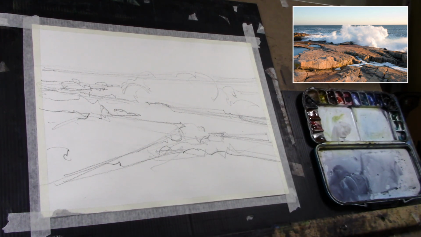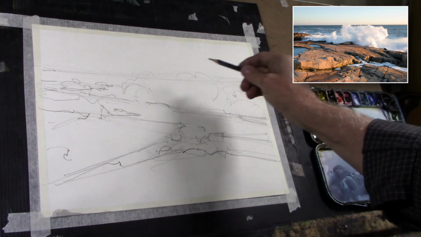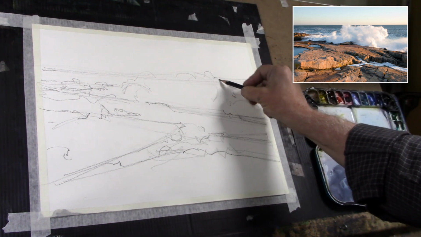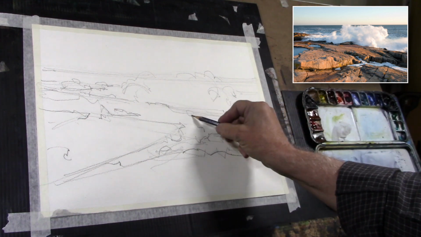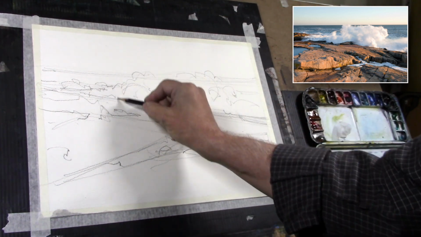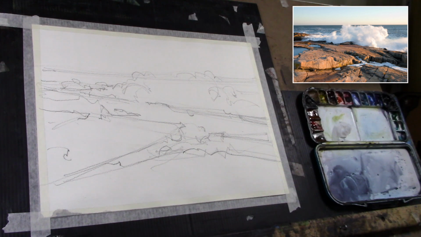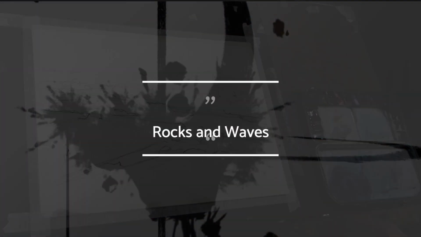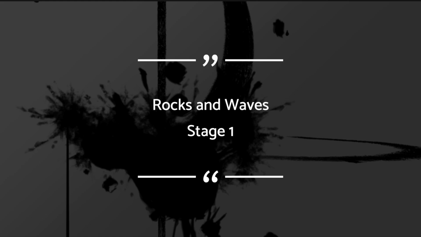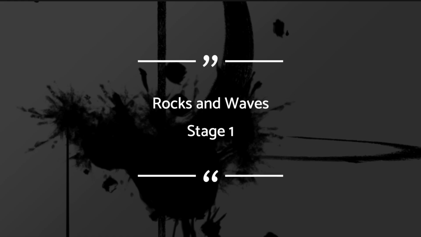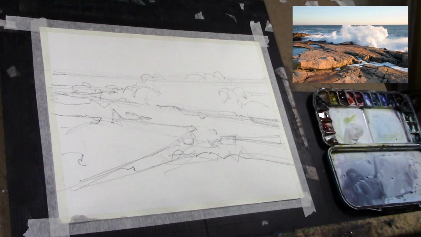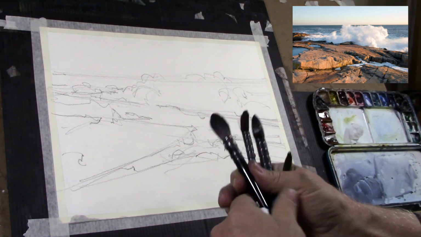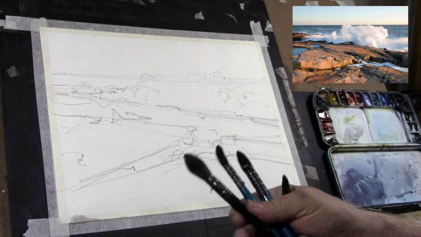So there you see it. A lot of angular hard edges and this big billowing soft edge, kind of contrasting all that. All right, so I have the usual characters, kind of a big mop brush to get things going.